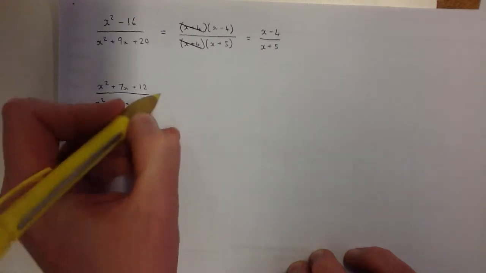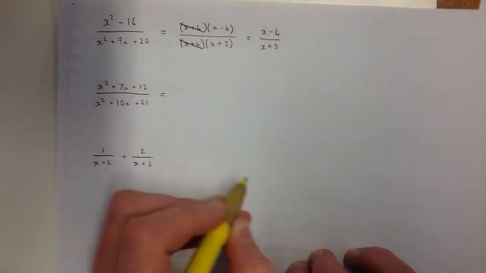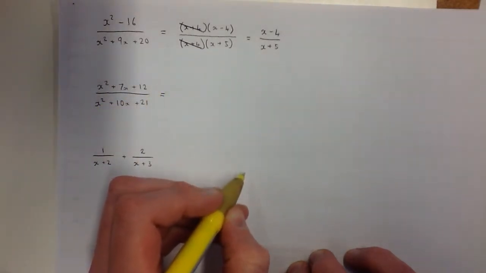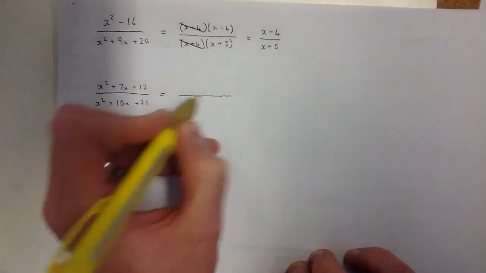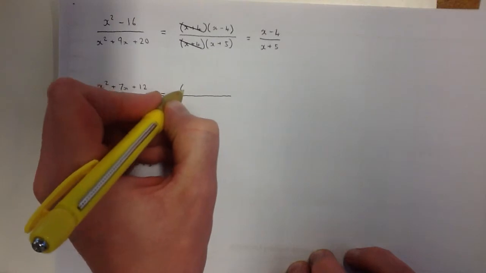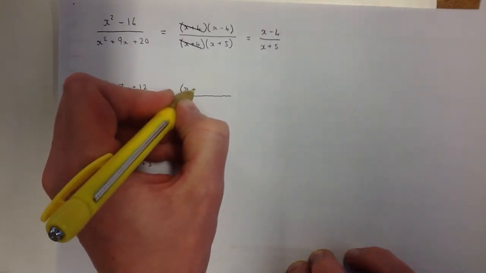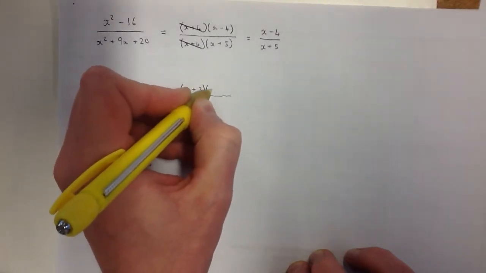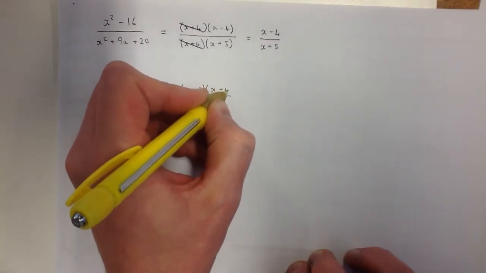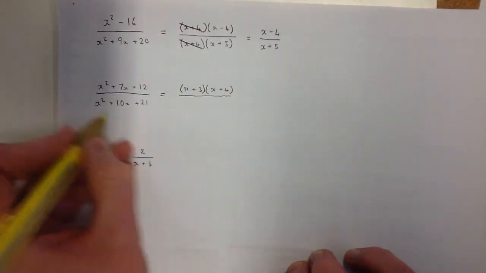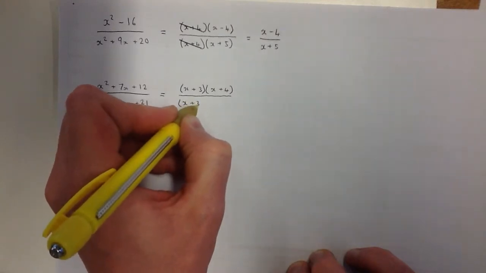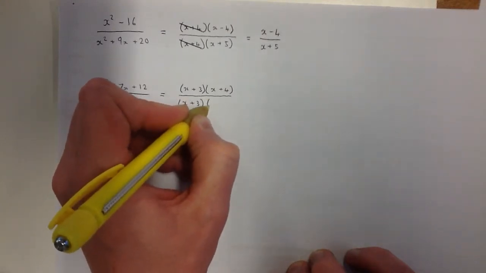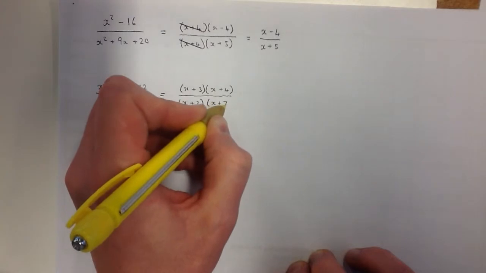Here we have another example. We have two quadratics. Again, we can factorise these. With a bit of work, we can work out that that top quadratic can be factorised as x plus 3, x plus 4, and the bottom one can be factorised as x plus 3 and x plus 7.